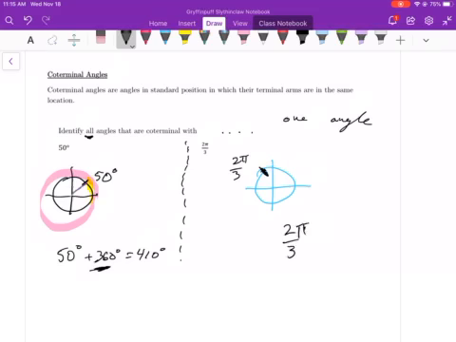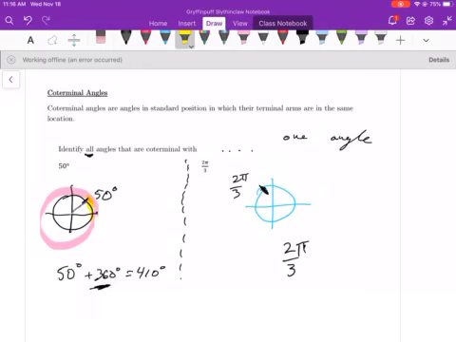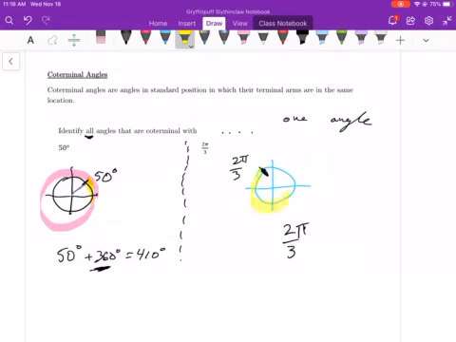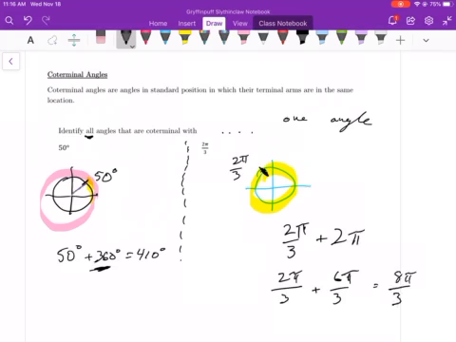So I guess what I could do is, an angle that is coterminal would be, you simply add one revolution around, 2 pi. So another angle that is coterminal will be 8 pi over 3.